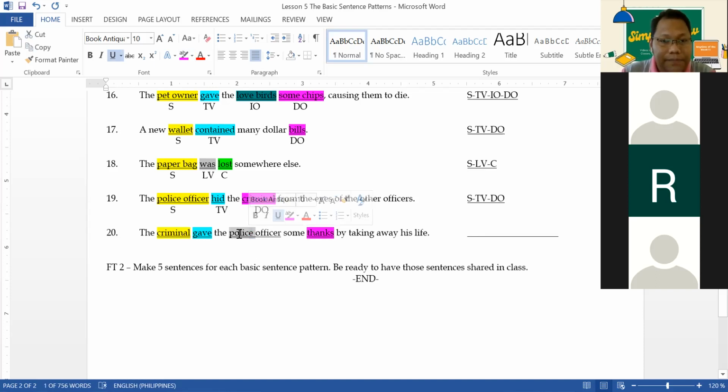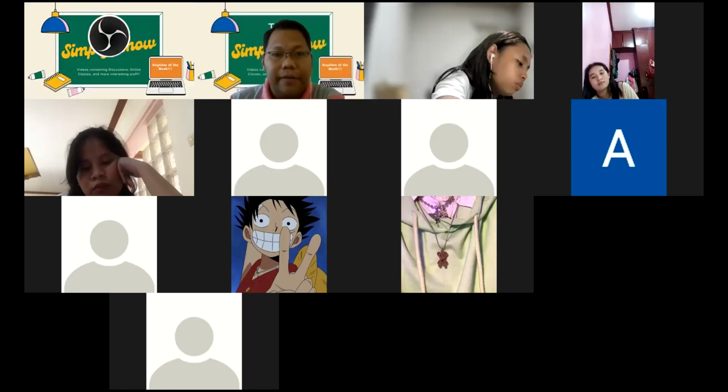To the police officer. The police officer received our direct object. That makes police officer your indirect object. Since you have an indirect object, your verb is transitive.